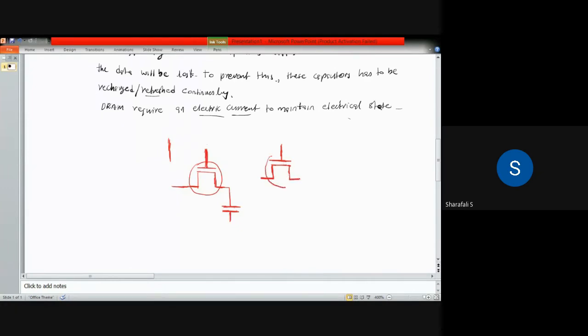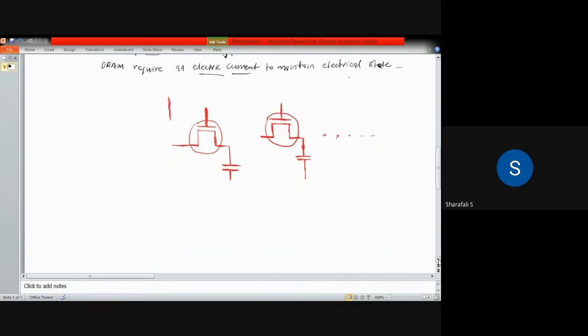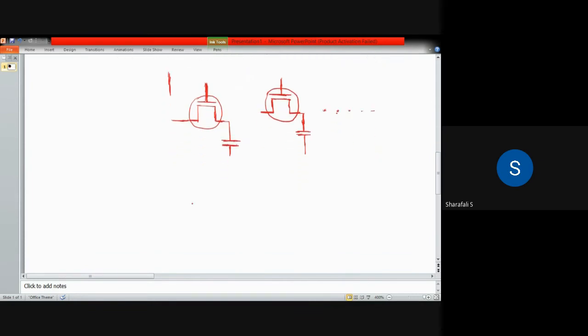Again this will also be connected to a capacitor. And again we'll be having the same in this row, etc. Similarly, we'll be having memory elements below also. To this here also we'll be having this kind of memory element.